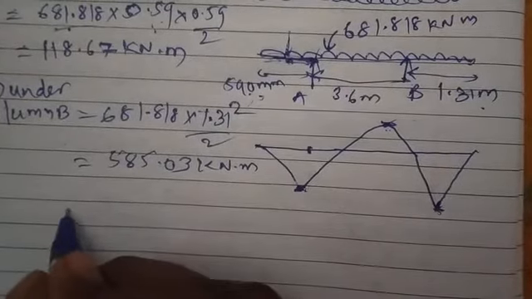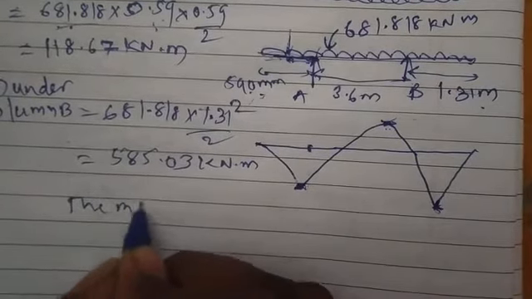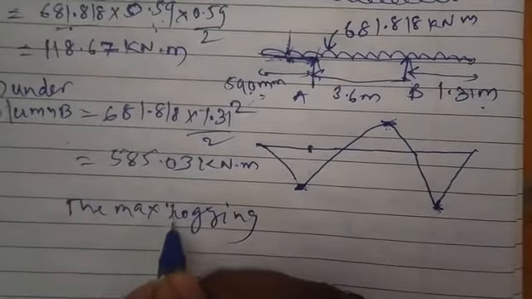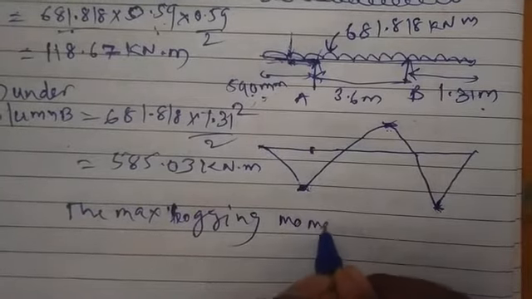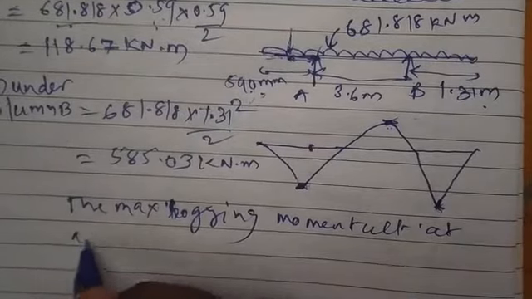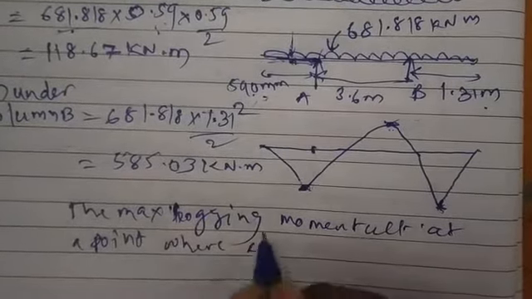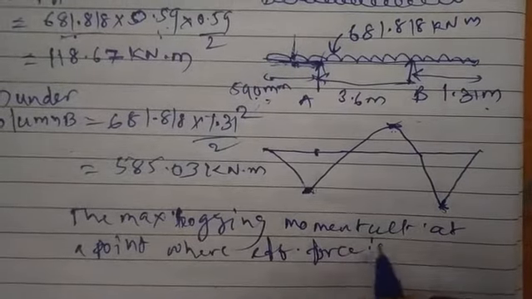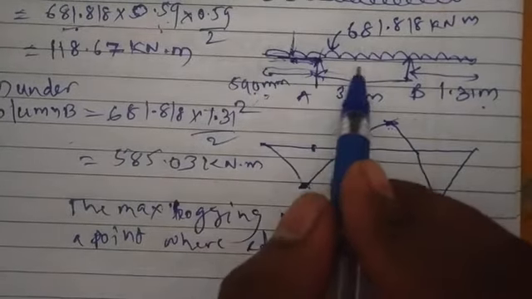So I'll write the statement first. The maximum hogging moment acts at a point where effective force is 0. We'll consider the section from left side.